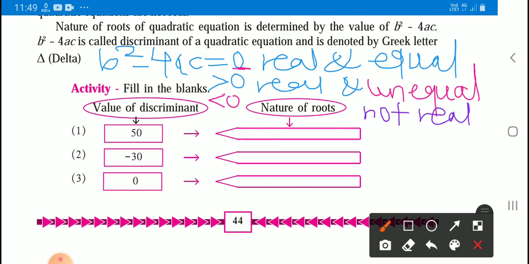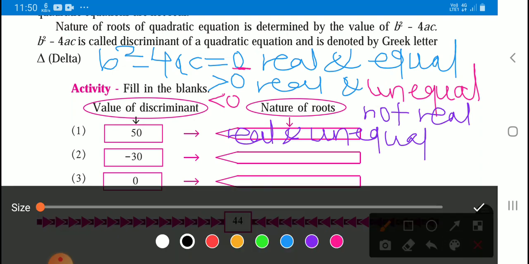Okay, so by using this, you will solve the activity. Fill in the blanks. The value of the discriminant is already given. You just have to decide the nature of the roots. Now the value is 50. 50 is positive, means b square minus 4ac is greater than 0. So the nature of the roots is real and unequal.